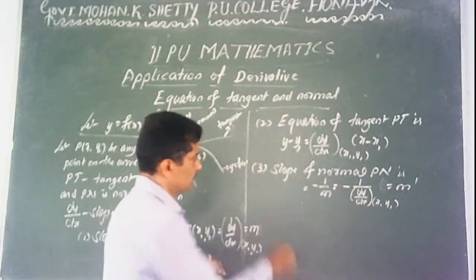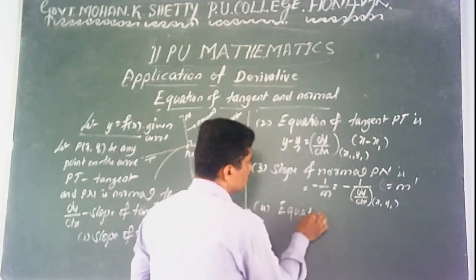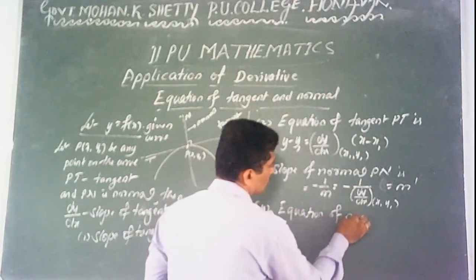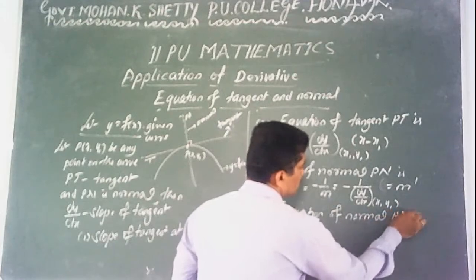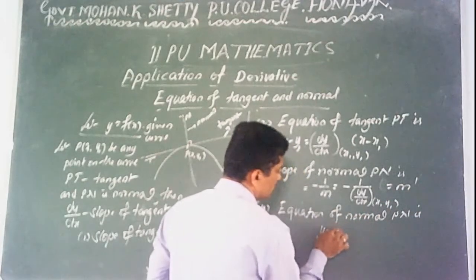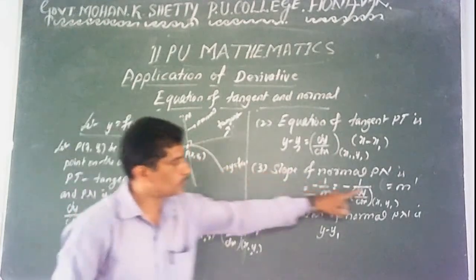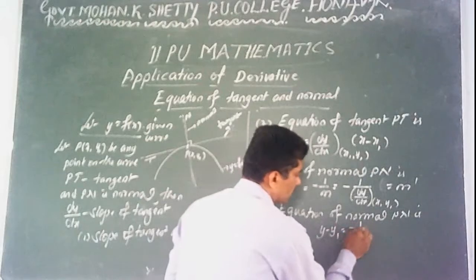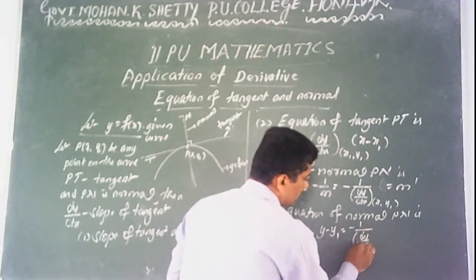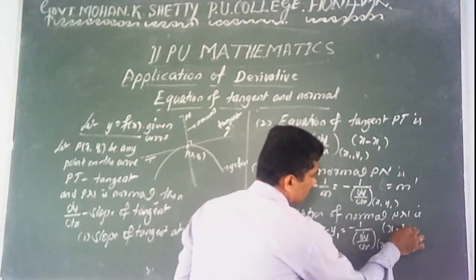It is clear. Therefore, the equation of normal Pn is y minus y1. This Pn is also passing through the point x1 comma y1 with slope m dash. In slope and point form, y minus y1 is equal to minus 1 divided by dy upon dx at the point x1 comma y1, into x minus x1.